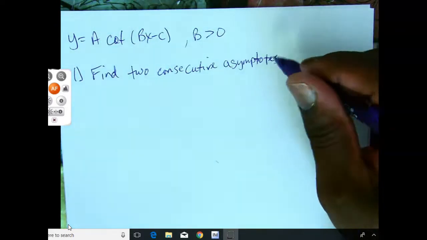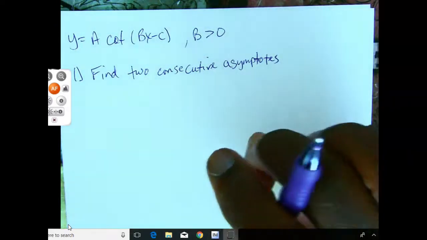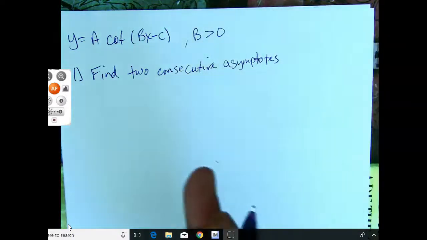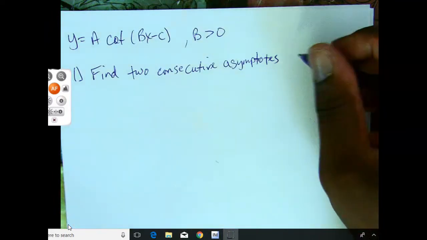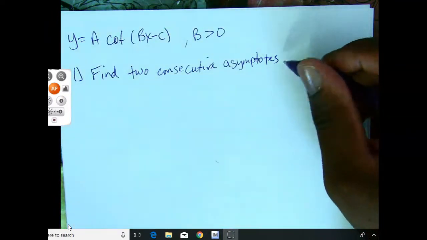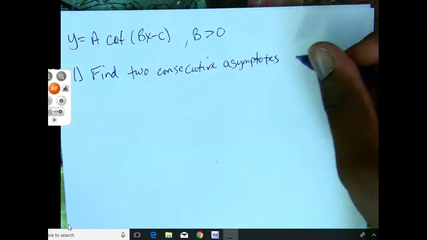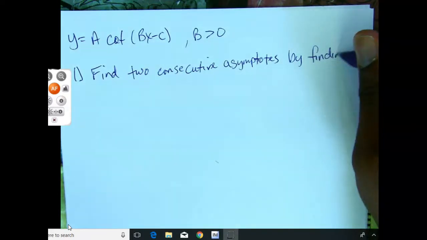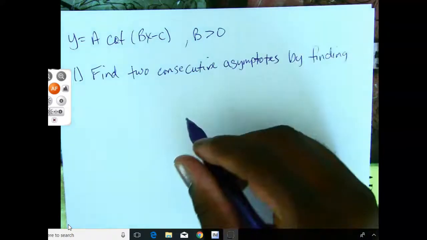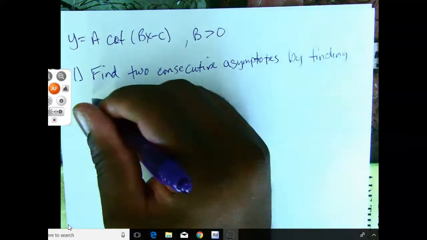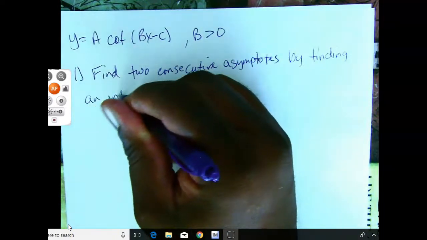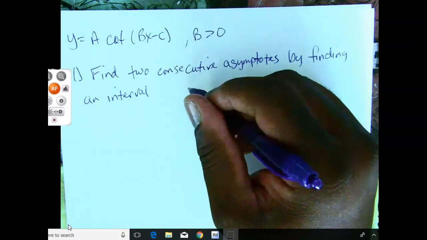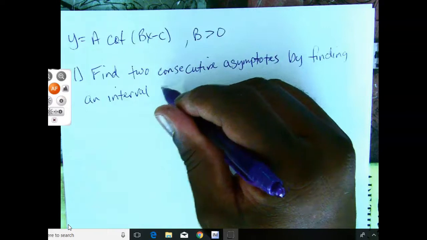With tangent we went from negative pi over 2 to pi over 2. Cotangent, because the period is between 0 and pi, it's going to slightly change up. So we find the 2 consecutive asymptotes by finding an interval containing 1 full period.